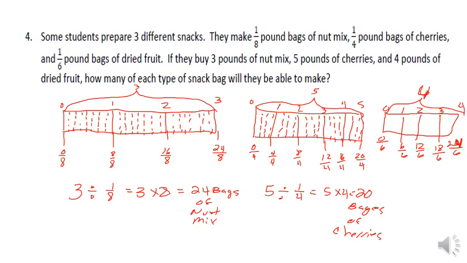So now if we look at the algebraic expression we're going to use, it's 4 divided by 1/6, which equals 4 times 6, which equals 24. So they end up with 24 bags of dried fruit.